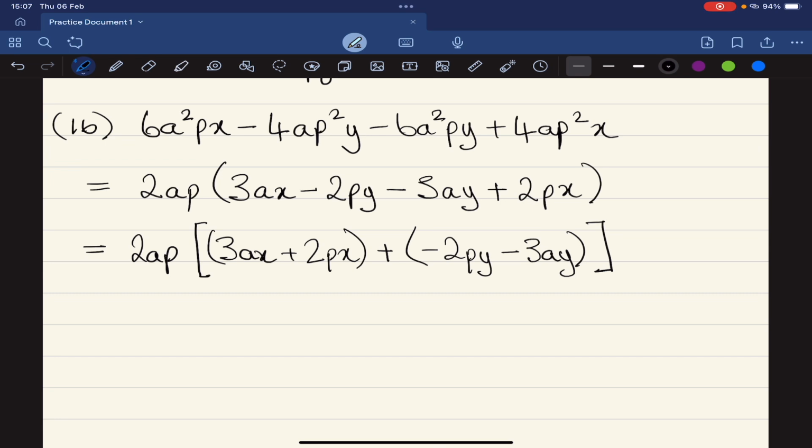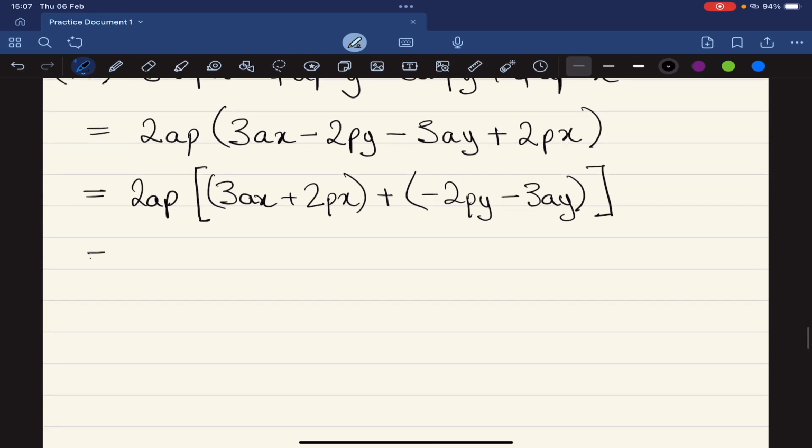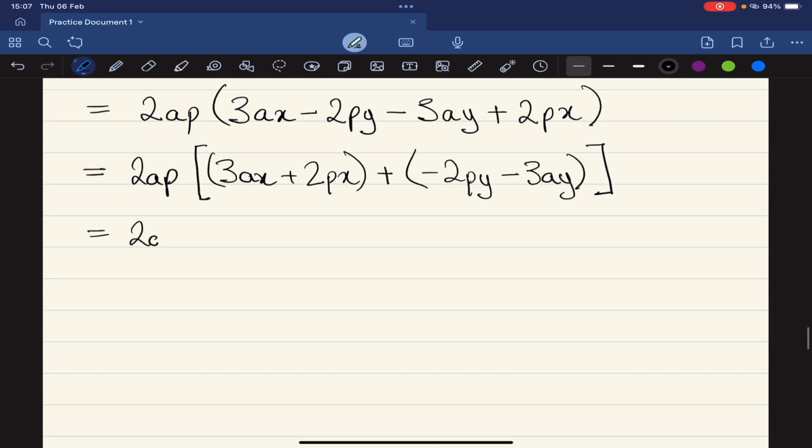Okay, so that was grouped 3AX plus 2PX and then negative 2PY minus 3AY. So going further, I've got 2AP, and then for the first bracket I'm now going to take out the highest common factor, and that is going to be X. What's left in the bracket then is 3A plus 2P.